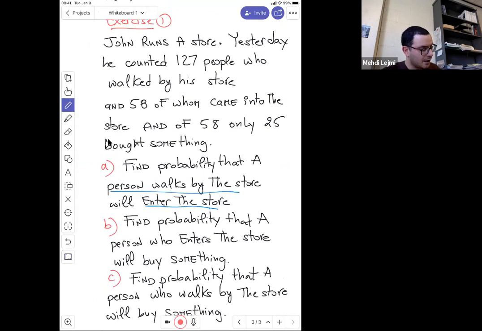So the event here is that the person will enter the store, right? Enter the store, that's the event.